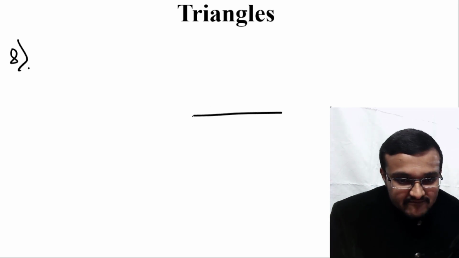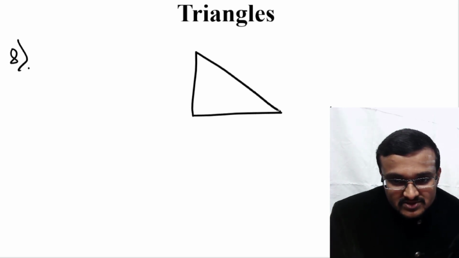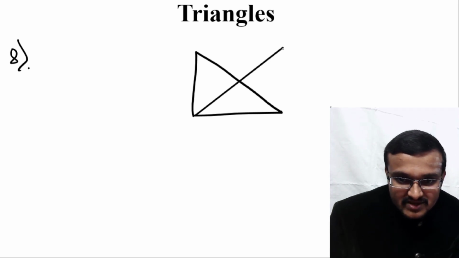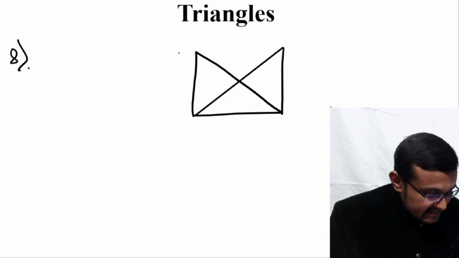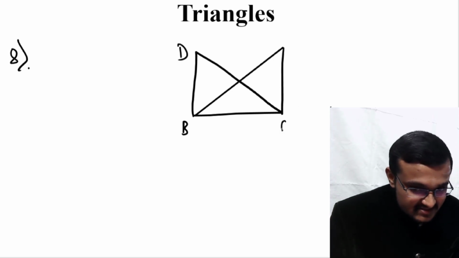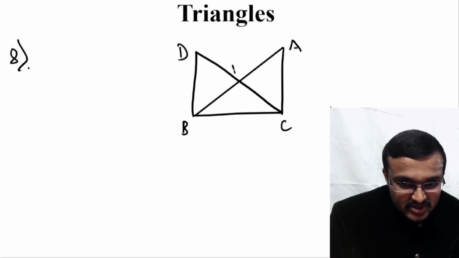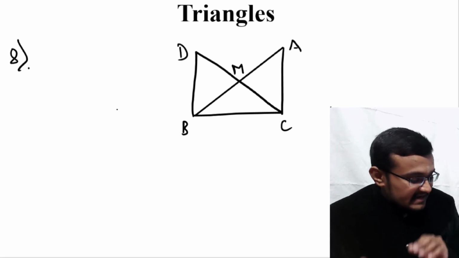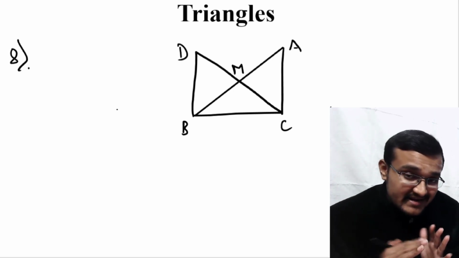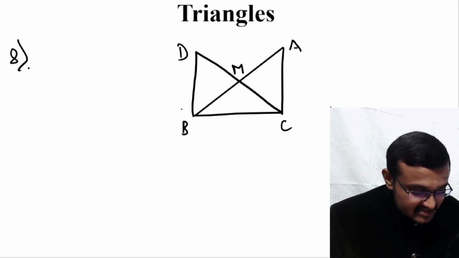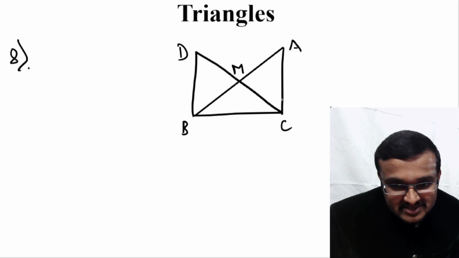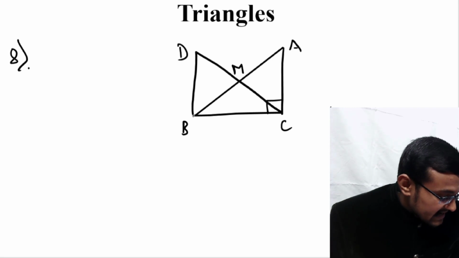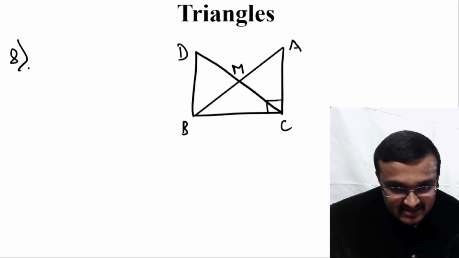Here in the eighth question you have one diagram like this. One M is written here in this particular diagram. These points are named as D, B, C. This is A and this point is M. Now, they have given right angle triangle ABC, right angled at C. So that means this particular angle is 90 degree.